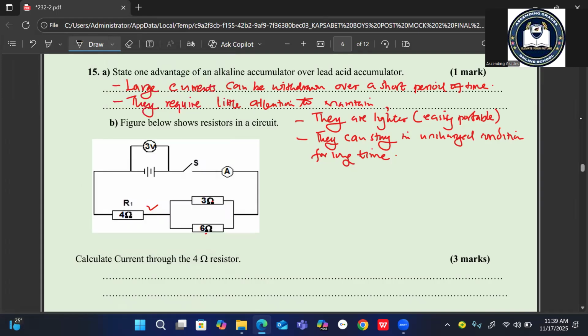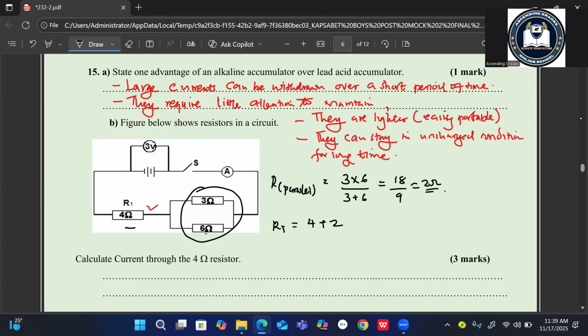Therefore, resistors in parallel, then it will be 3 times 6 divided by 3 plus 6. This is 18 divided by 9. You get 2 ohms. Then this 2 ohms will be in series with the 4 ohm. So RT now will be 4 plus 2, you get 6 ohms.